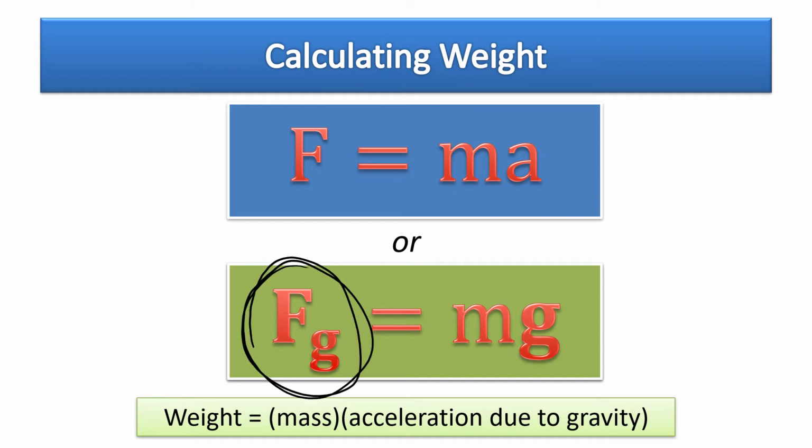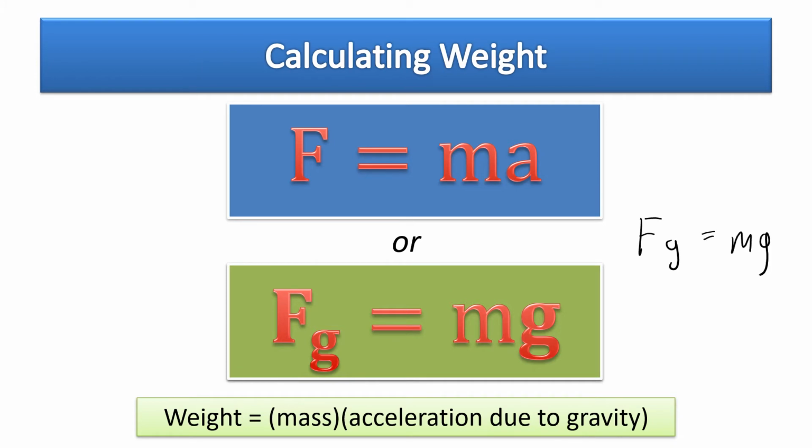It is the force due to gravity. This is a subscript, so I'm going to be saying Fg equals mg a lot. I'm not saying that F times g is equal to m times g, because then the weight would be equal to the mass, and that's not what we're saying. The whole point of this is that it's different. So it's F sub g is equal to m times g, the acceleration due to gravity, or we just learned the gravitational field strength.